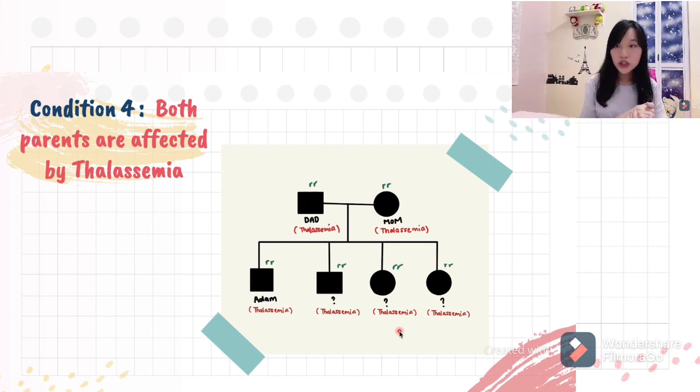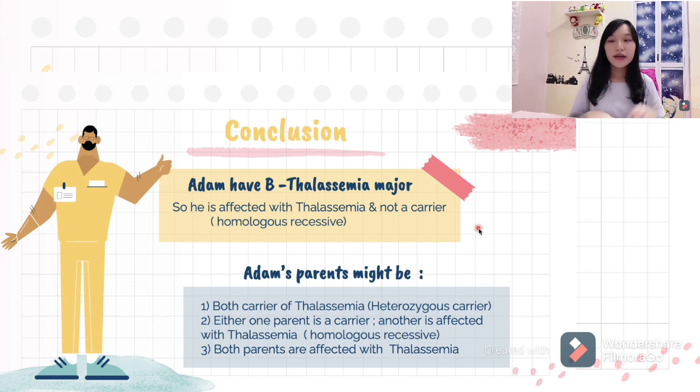So in conclusion, first, Adam has beta thalassemia major because he is affected by thalassemia and he is not a carrier. So it means that Adam is homozygous recessive. He carries the homozygous recessive gene.